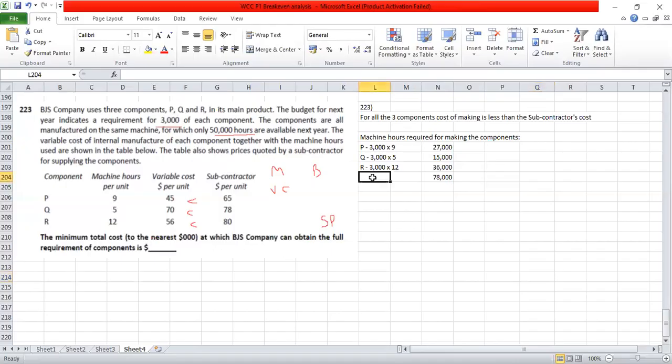Mesh nodes required is equal to 78,000, but only 50,000 are available.